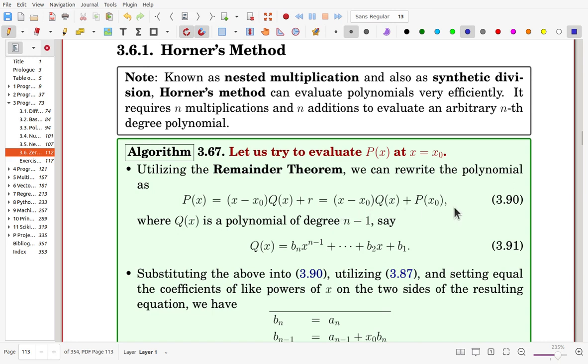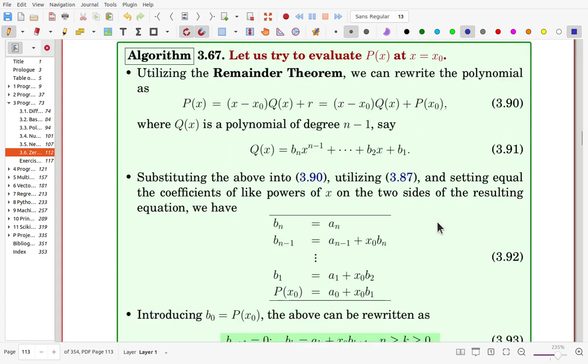Now we try to compare coefficients of equal powers of x, and then we have n plus 1 equations. This one came from the coefficients of x to the n. The next one came from the coefficients of x to the n minus 1, and so on.